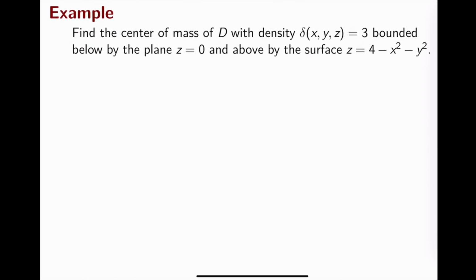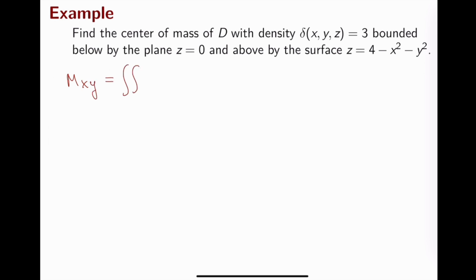So for instance, let's calculate the center of mass of this object, that we know already what the mass is, right? So we know already all the denominators. So let's calculate now what are the moments. Let's calculate just one of them first. So let's calculate mxy.